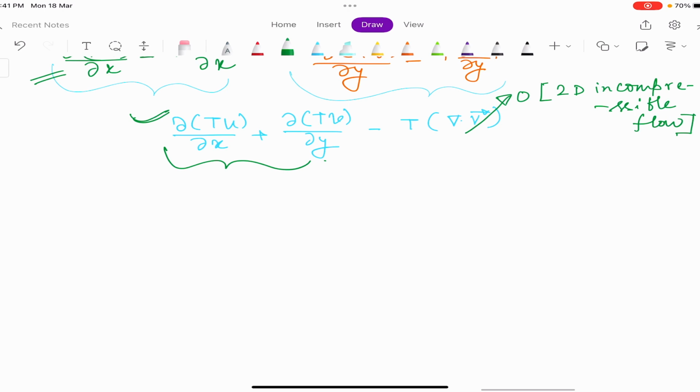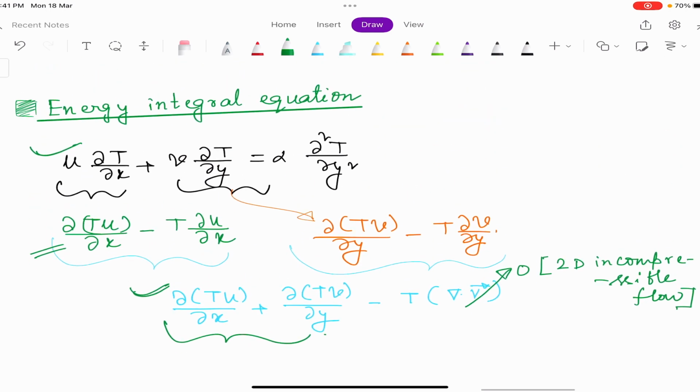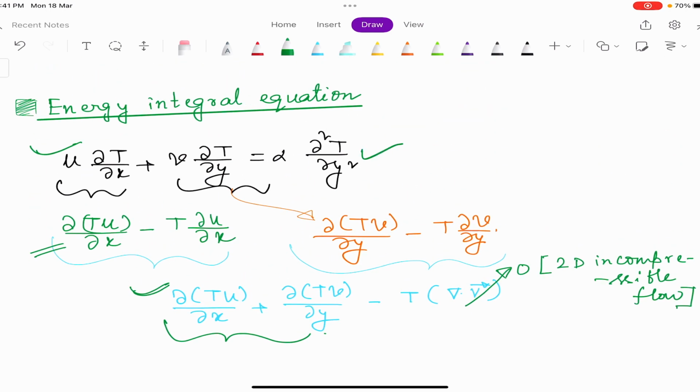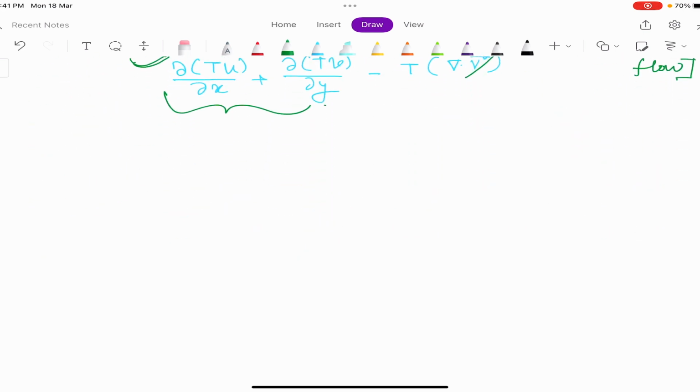Here we will talk about the conservative form for this integral equation. You can also do the same with the non-conservative form. Ultimately, after all the mathematical manipulations, both will arrive at the same result. So your homework will be to do the same exercise on this.